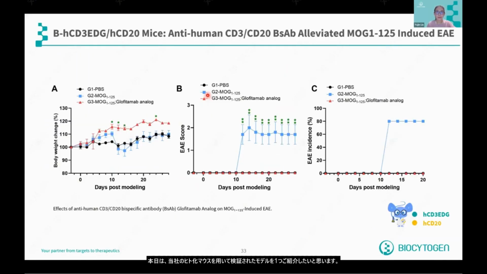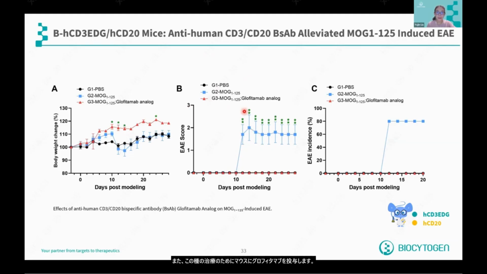Today, I would like to show you one model that has been validated using our humanized mice. In these studies, we use MOG 1 to 125 to induce EAE. And we can see the blue curve shows a very good induction of EAE after the immunization.